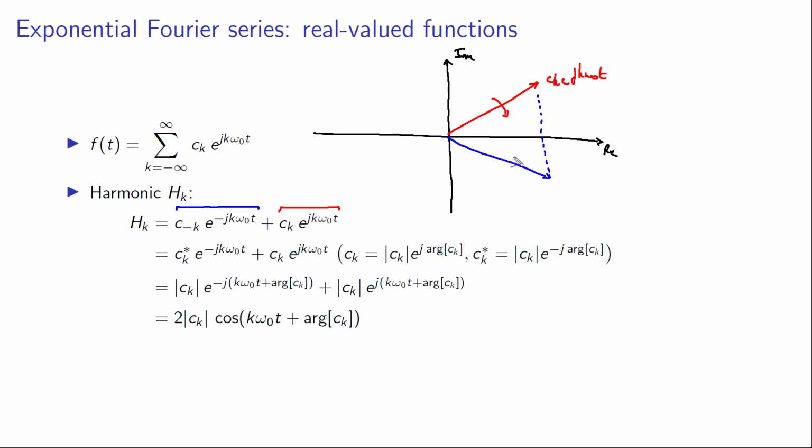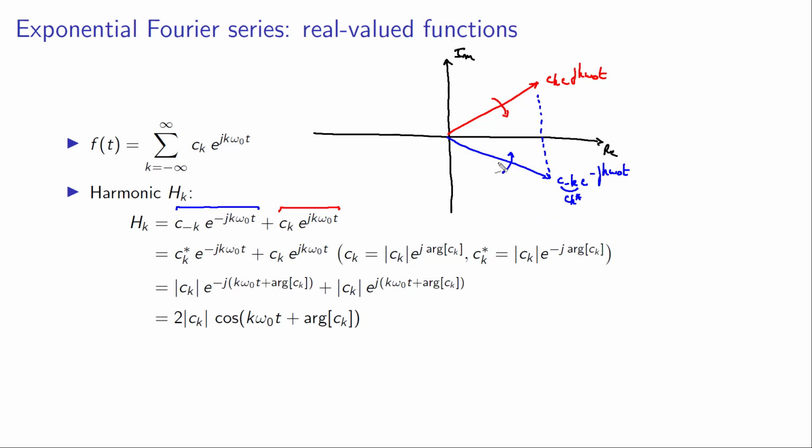So this one will be turning clockwise, right? And this is c minus k exponential of minus jk omega 0 t, and this one is of course ck conjugate. And these two terms, what you can now do is take the vector sum, right?